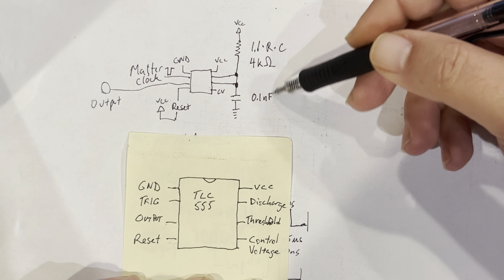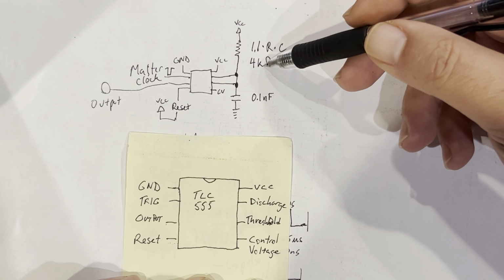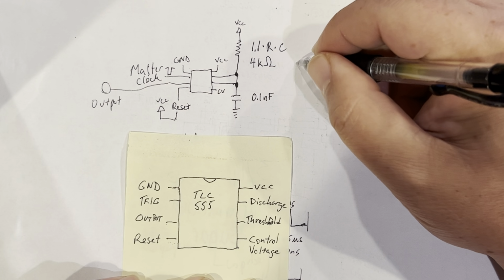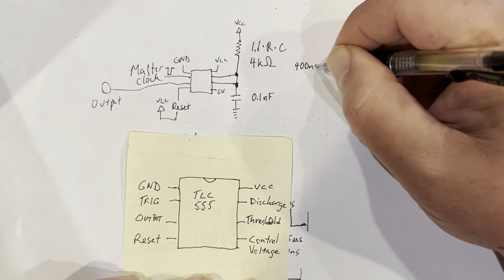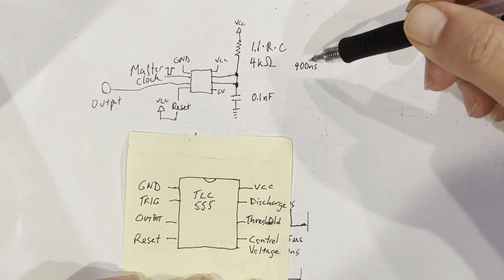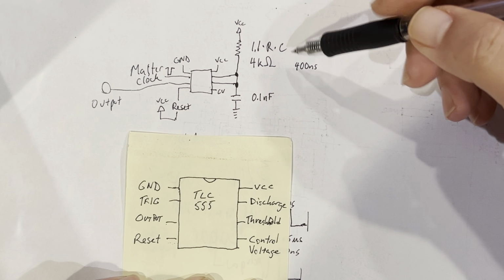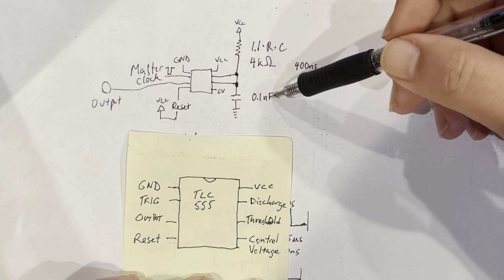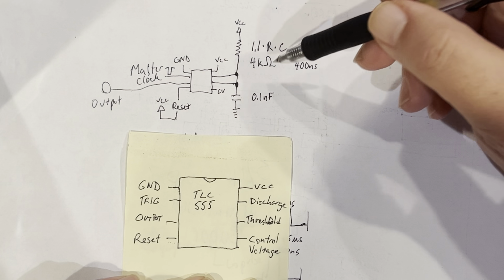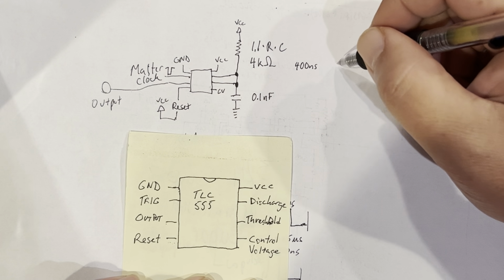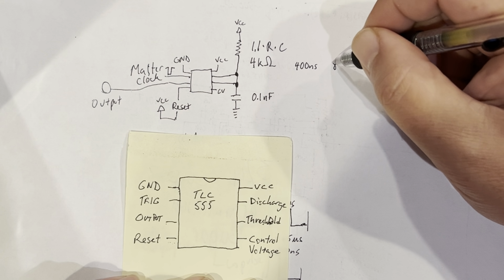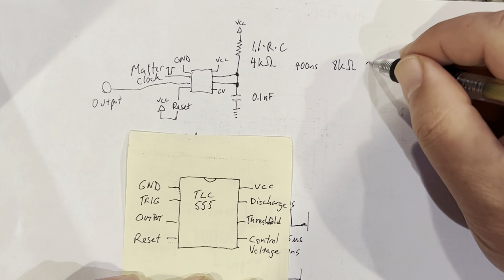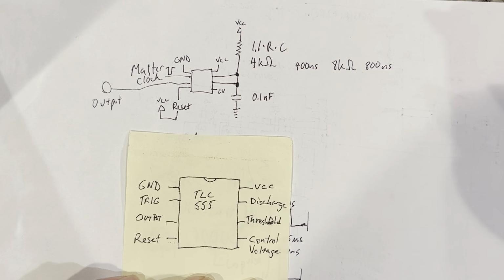If you do this math, this will give you a value of about 400 nanosecond monostable pulse. And for a high pulse, you just increase the size of the resistor, you keep the same capacitor, you just use a different chip, and that value should be about 8 kilo ohms. That will give you about an 800 nanosecond pulse.